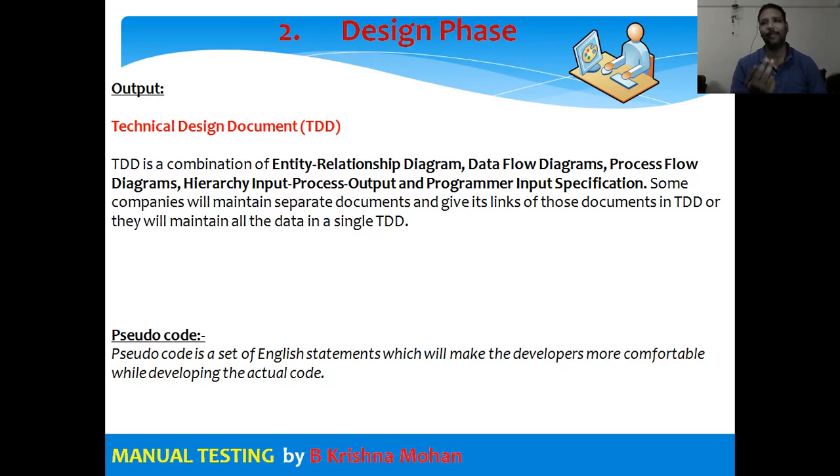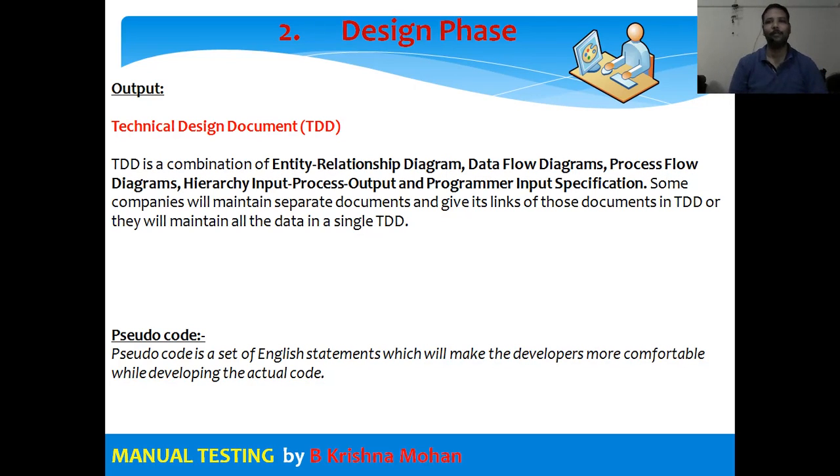In that way we can write the logic, but the number of methods, variables and interfaces that we have to use is already defined in the programmer input specification. So the programmer has to just use those method names only. He can't create his own methods.